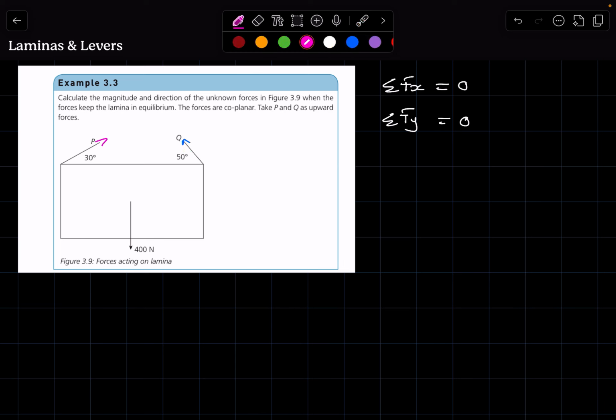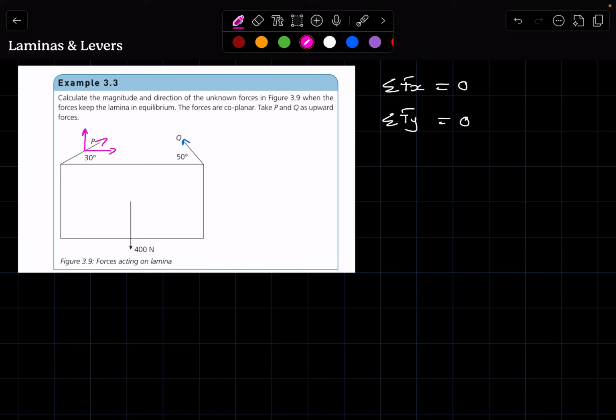Remember I said it is preferable that you reference your angles from the x-axis. Seeing that both these forces have been referenced from the x-axis, we will use the angles as they are. This helps in keeping the components easy to express.